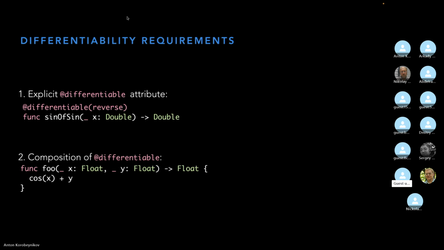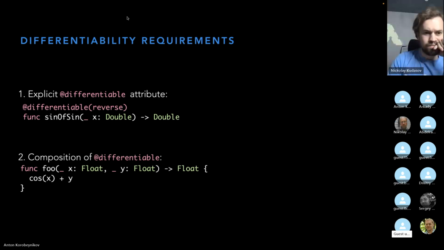May I clarify? Sure. I don't quite get it. When we explicitly say that a particular function is differentiable, do we provide this explicit derivative as an argument, or how does that happen? We may do this, but certainly in the second case the compiler should be able to verify each function call happening here.